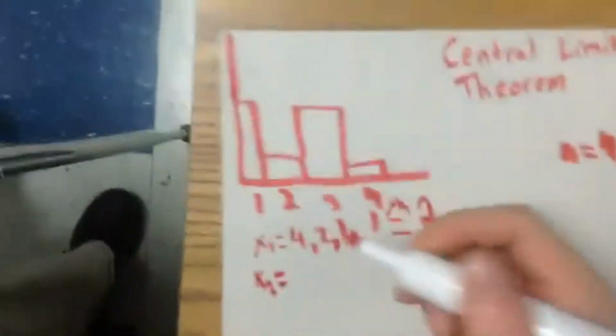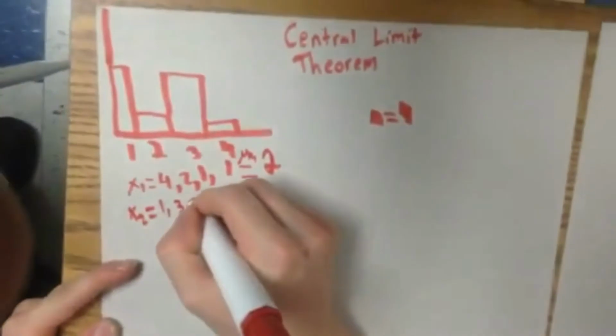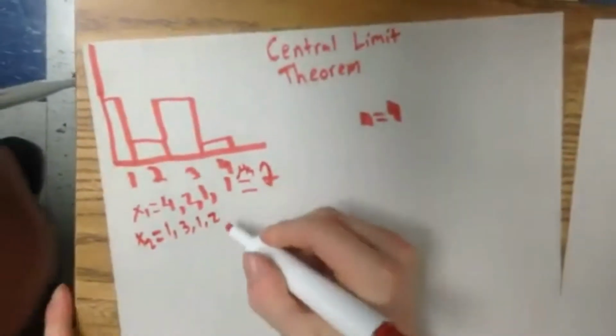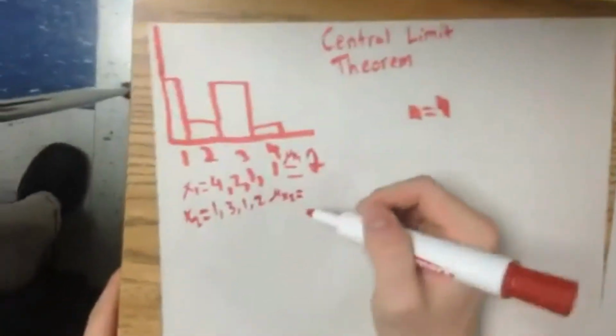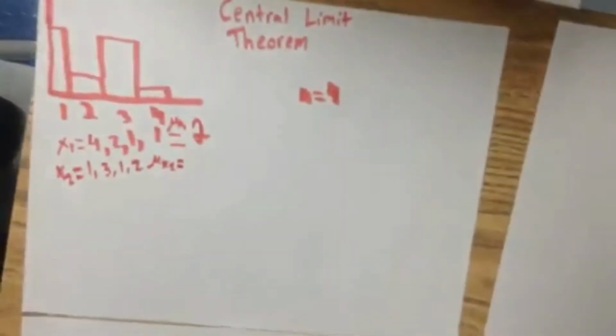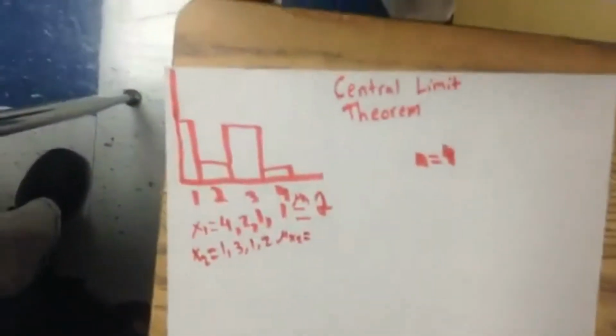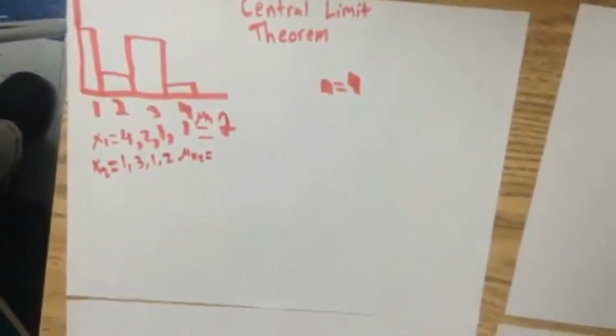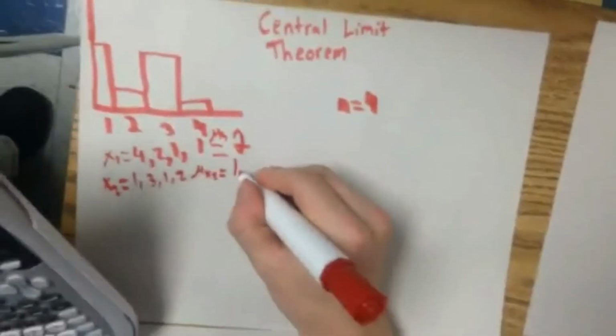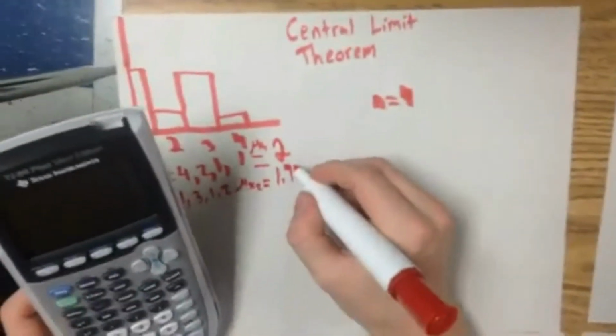We're going to take another sample. Here we're going to go 1, 3, 1, 2. We're going to take the mean of sample number 2, which is going to be 1 plus 3 plus 1 plus 2. Divide that by 4 is 1.75.